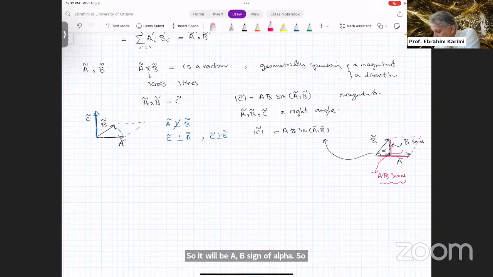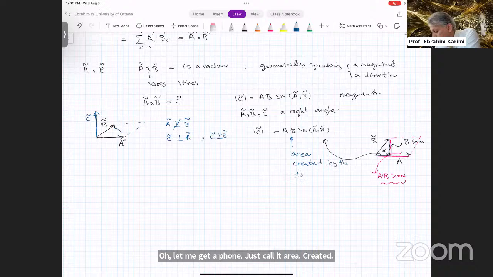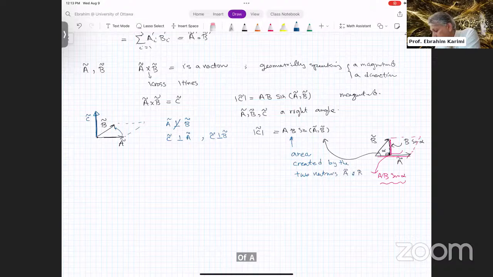So indeed, this value will give you the surface. Oh, let's be careful. Let's call it the area created by the two vectors of A and B. Okay.